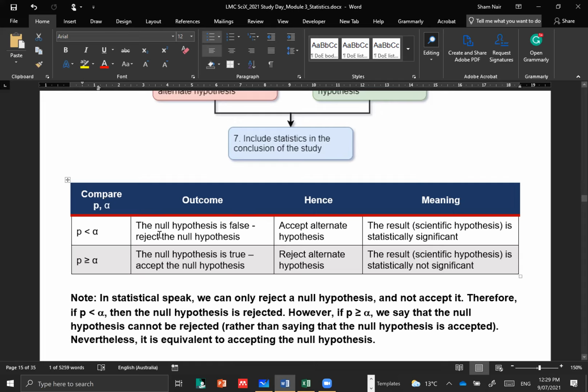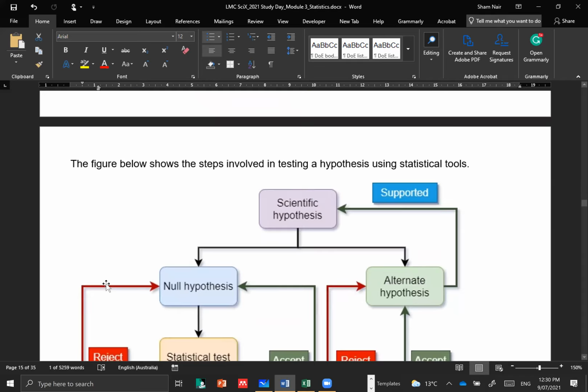And if the null hypothesis is rejected, that means that the scientific hypothesis is statistically significant. On the other hand, if p is equal to or greater than the alpha value, then the null hypothesis is true. And if the null hypothesis is true, that means that the scientific hypothesis is not supported. This is the important bit, for all of the statistical tests and so on. So this table here.